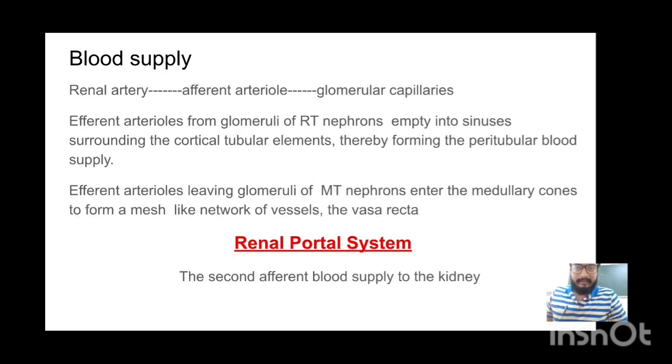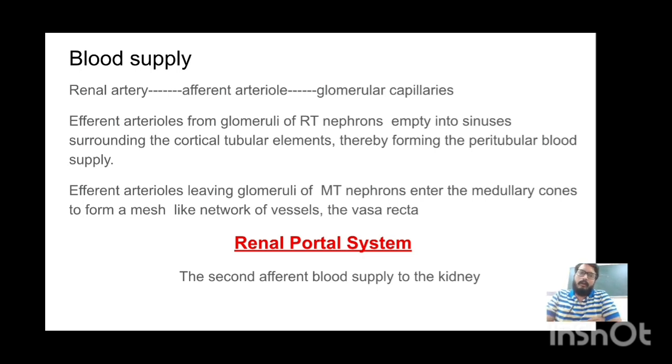If you see the blood supply, we do have the renal artery, which then segments into different interlobar arteries, etc. Therefore, it ultimately forms the afferent arteriole, which gives rise to glomerular capillaries, where the filtration occurs.